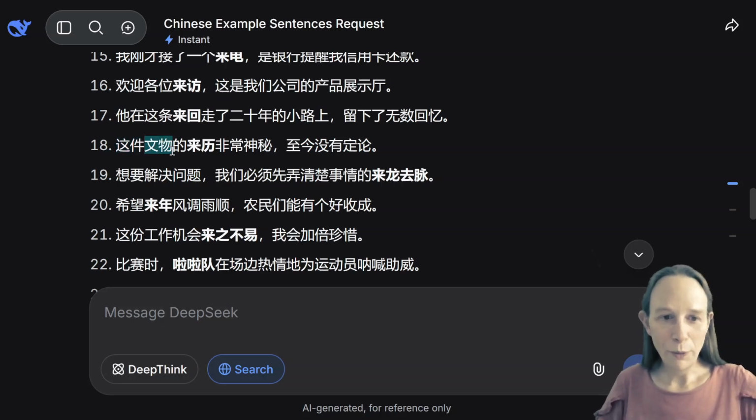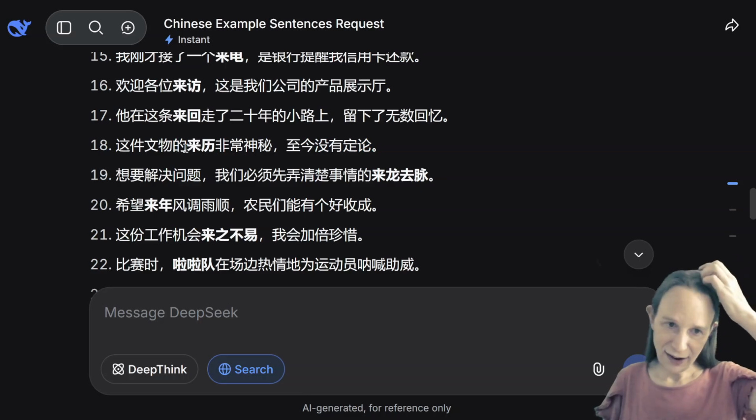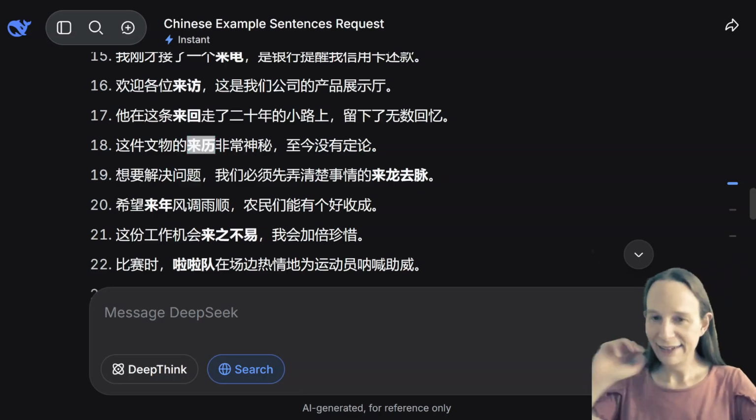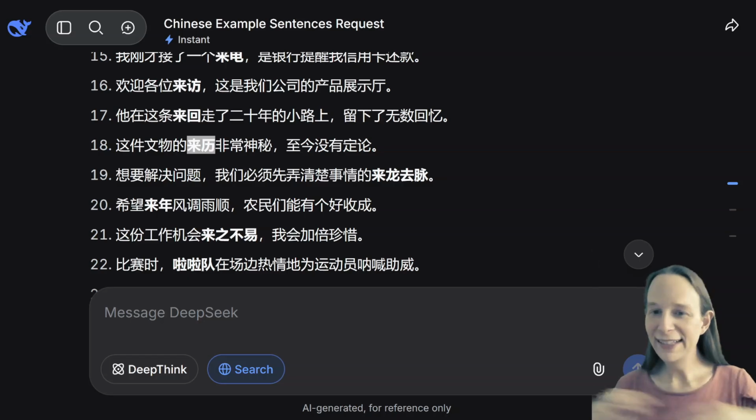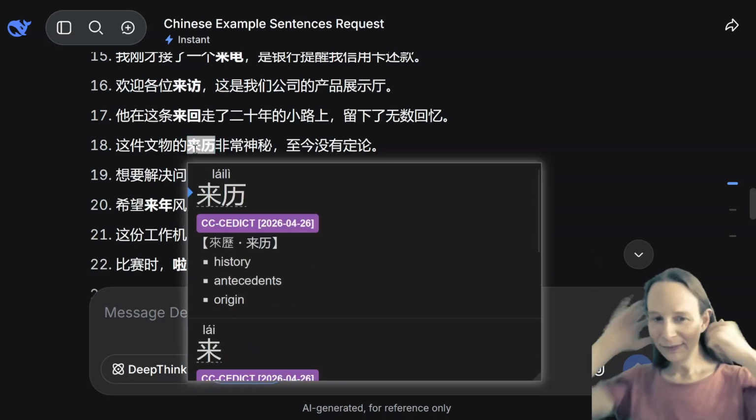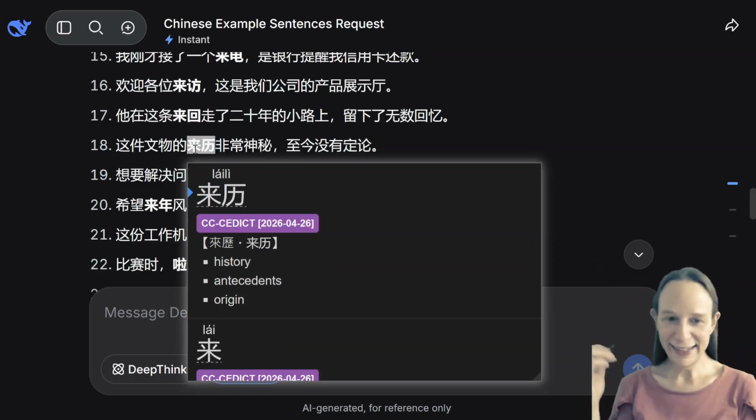这件文物 is an artifact 的来历非常神秘，至今没有定论。Right, so the 来历 here it kind of means origin, but it's like how it came about or its history, the history of this artifact. Origin, history, antecedents.